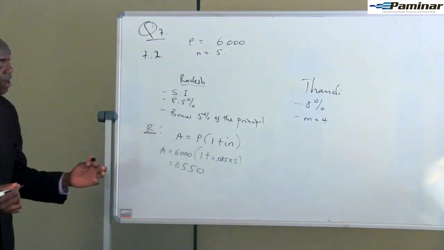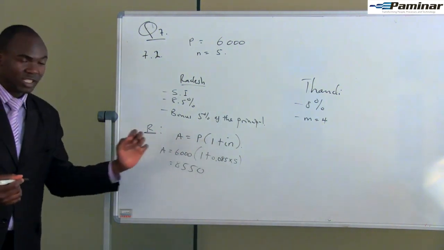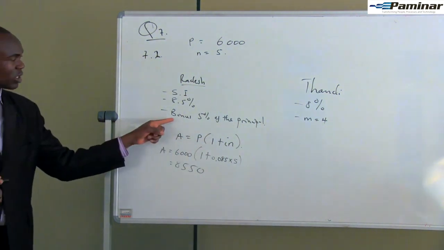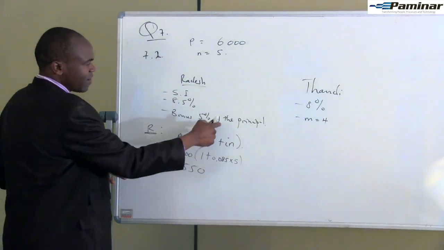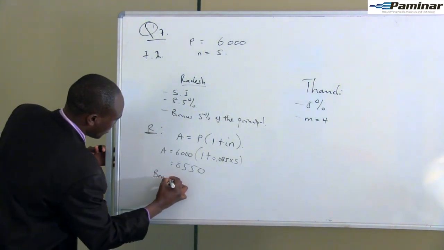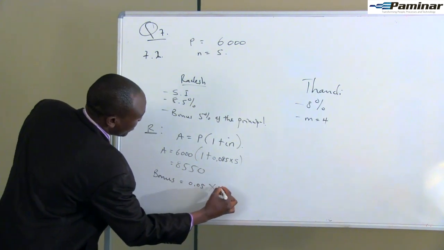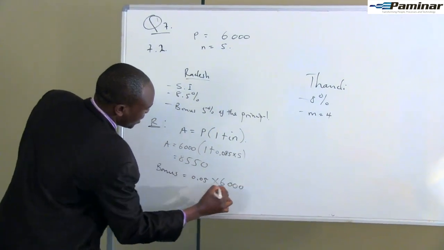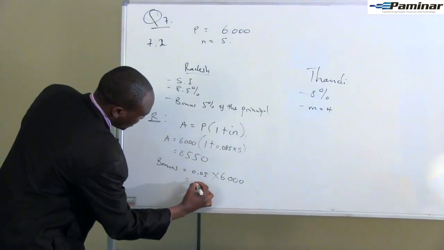8,550. Now, remember, this is the amount of money that he is going to get after investing 6,000. But remember, he has got a bonus. So what is the bonus? 5% of the principal. So bonus is 0.05 times 6,000, giving you 300.